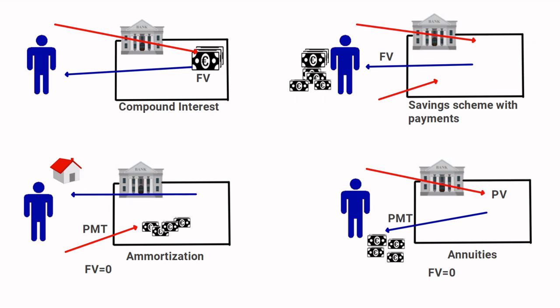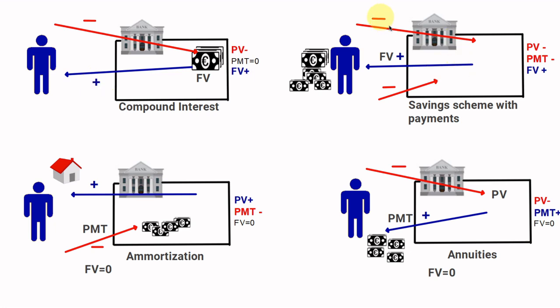When you're doing the questions, you can either just consider when things are opposite signs. So you can see that in the diagrams here with the red arrows and the blue arrows. Or a normal convention is actually to have the money that's going out of your pocket and into the bank as a negative because you are losing money, and any money coming back to you from the bank as a positive value.